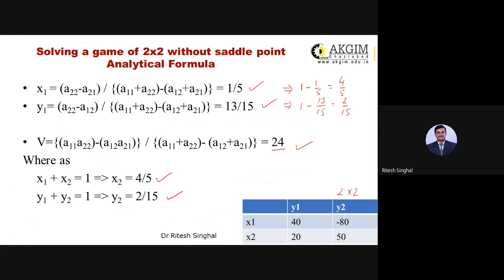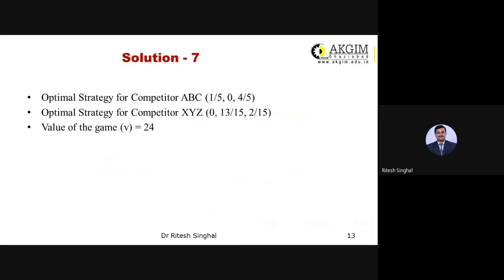And the value of the game is 24. And you know it favors player ABC. But this would not work here. We should write the result in the desired manner.